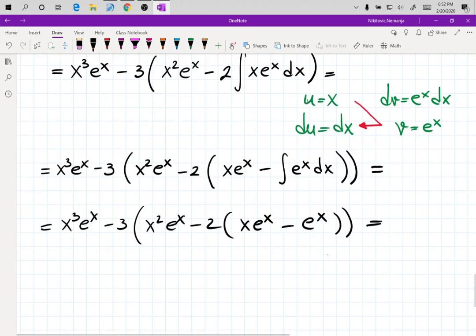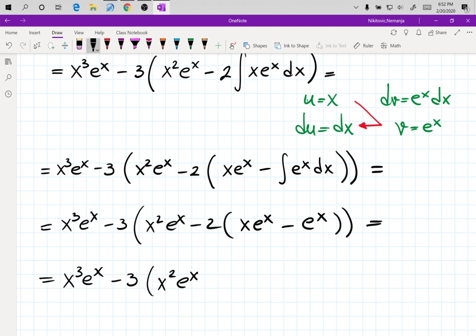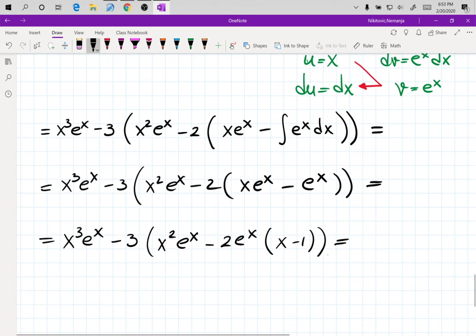So that's a cool cascade, I guess. So x squared e to the x minus 2e to the x, and in parentheses you're left with x minus 1. So I factored out e to the x outside. Now I am going to factor out e to the x again.